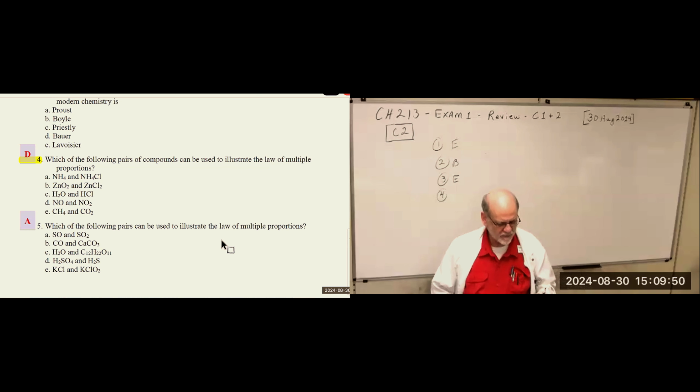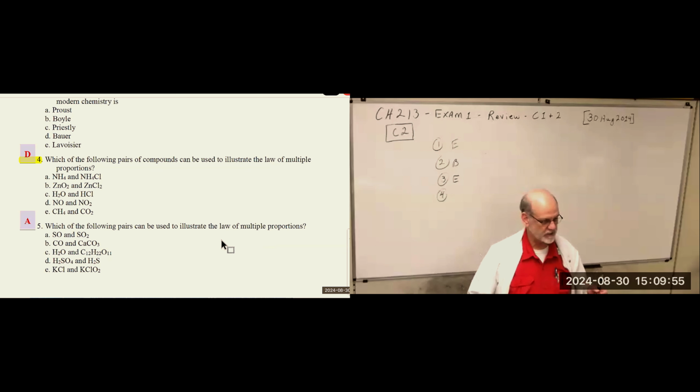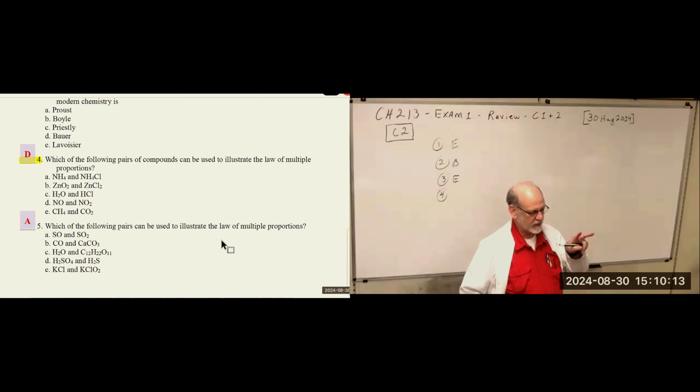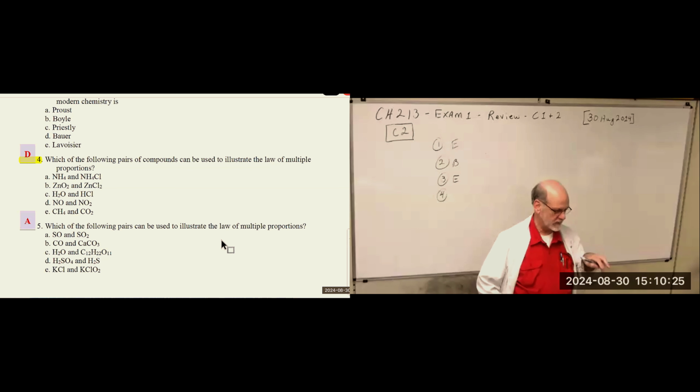Okay, 4. Which of the following pairs of compounds can be used to illustrate the law of multiple proportions? Remember, that's John Dalton's law. Proust's law is definite proportions. That's a compound from any source, whatever, will always give you the same mass ratios of elements. But the multiple proportion says that if you have a binary compound and you hold one of the elements constant in mass, the other element will vary by whole number multiples, like NO, NO2, NO3.